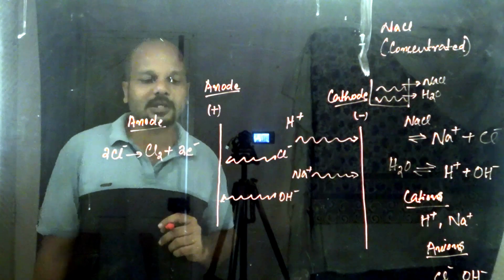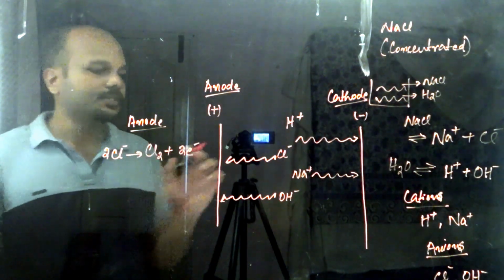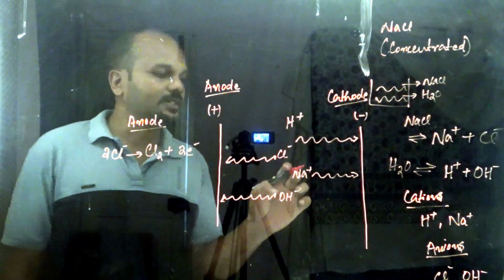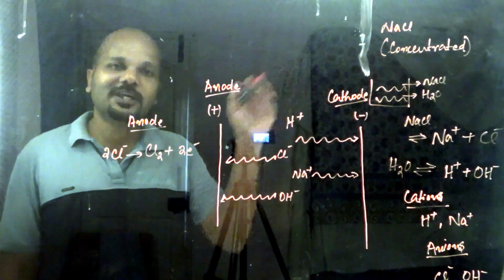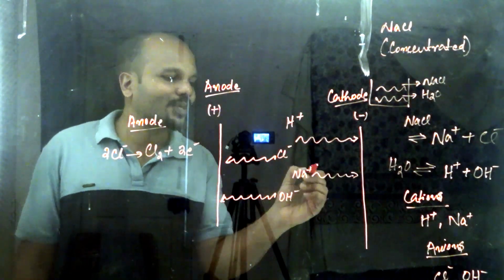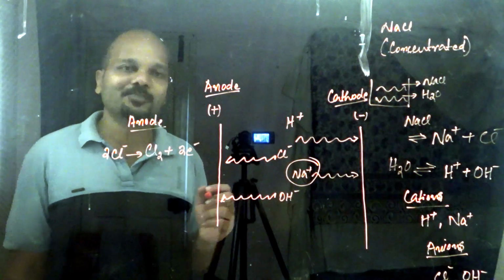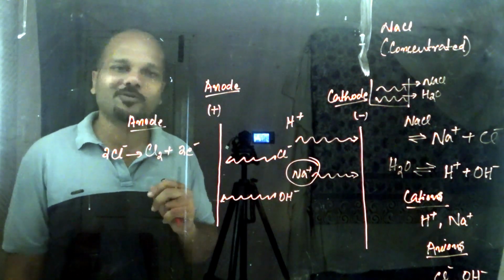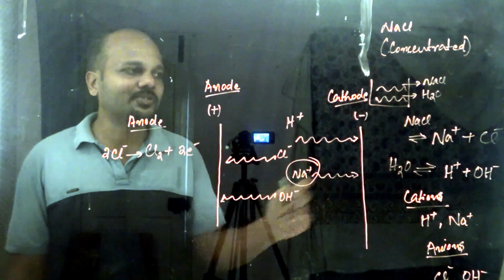At the cathode there are 2 ions, H plus and Na plus. In the electrochemical series, sodium is more reactive than H plus. So sodium will try to remain in the solution and will not deposit on the cathode.